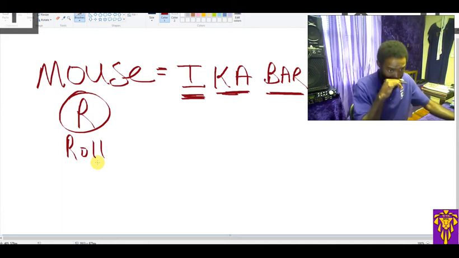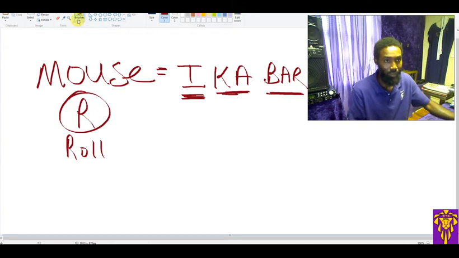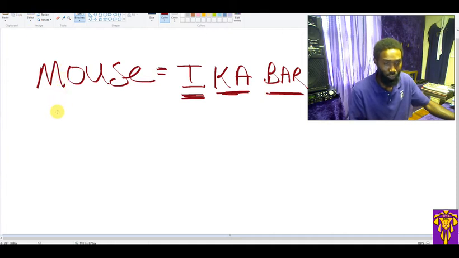You roll the R. Bar. Not aquabar, but aquabar. I should have put that out in the beginning of the lesson, but I did not. So just keep in mind, when you see R in these words, the R is usually rolled.